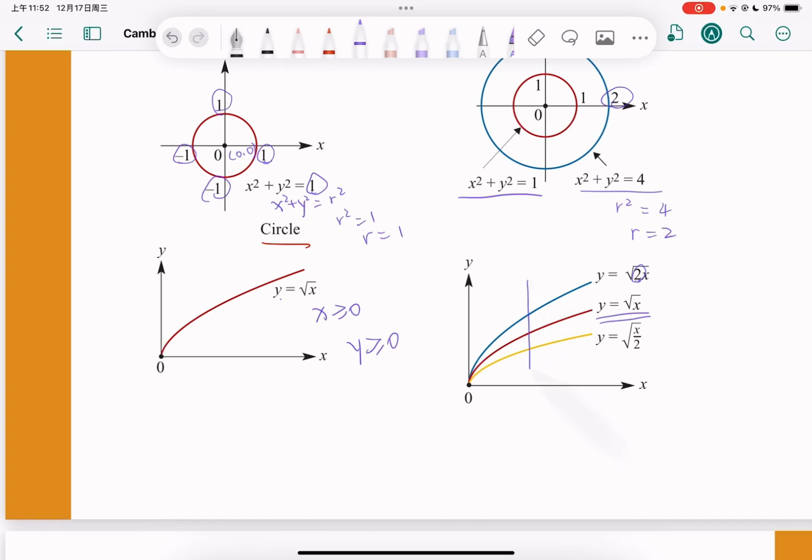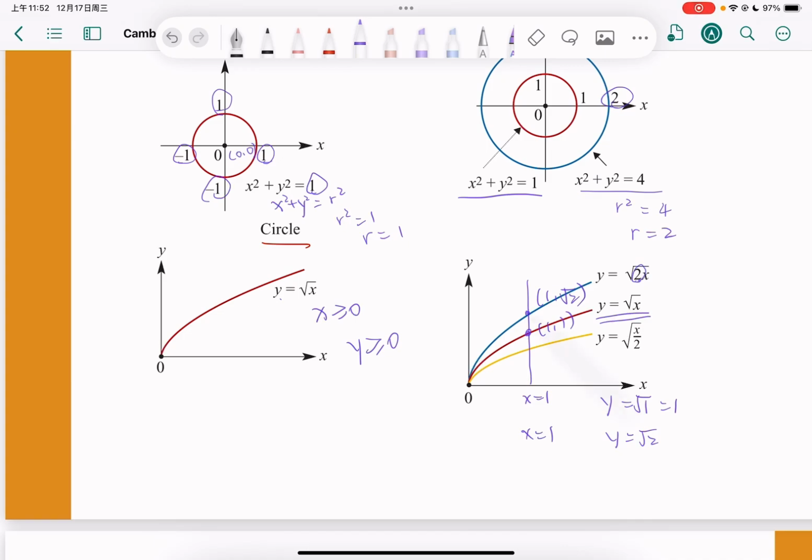If we take x equal to 1, then originally the red one is square root of 1, which is 1, so the point 1, 1. Then what about the blue one? The blue one has y equal to square root of 2, which is 1.4 something, which is larger than 1.